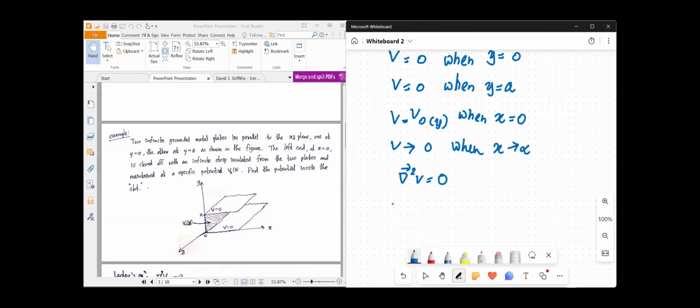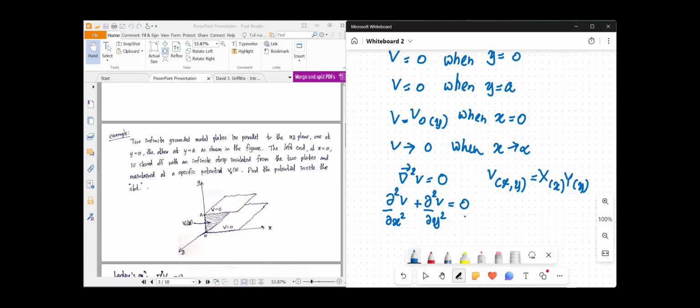And the potential depends on x and y. Therefore, we can write del squared V over del x squared plus del squared V over del y squared is 0. And we are going to select the potential as a function of x and y, and we are going to assume that it is a product of a function of x and a function of y.